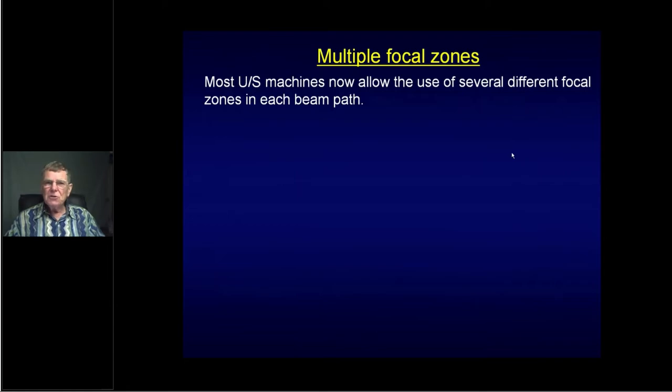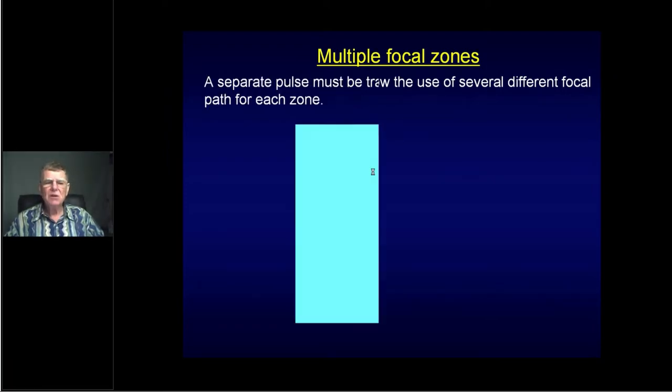Now, once you can do this, then they realised, well, how about we send out along the same beam path, one pulse following the other, but at different focal points. This results in the use of multiple focal zones. Most ultrasound machines now allow the use of several different focal zones. I would have to say at this point that all machines I know of will allow the use of multiple focal zones.